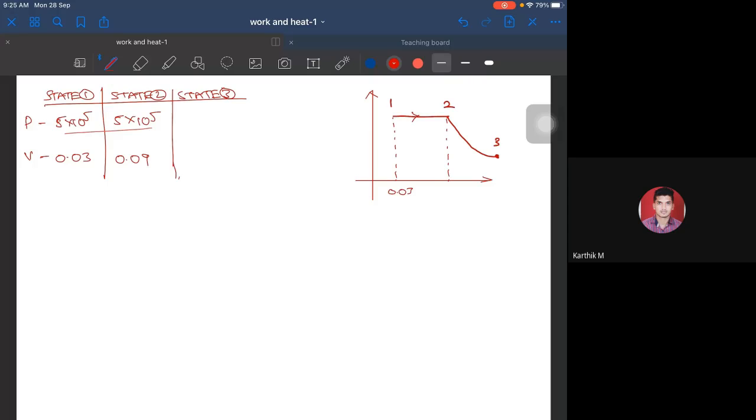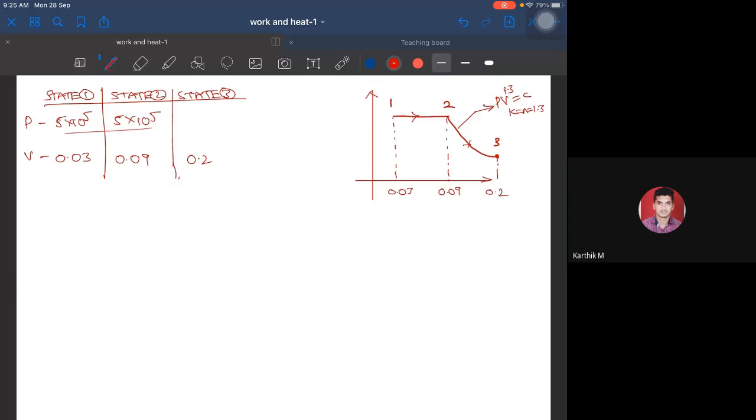How much? 0.2 meter cube. So this is a polytropic expansion, and the index is given: K is equal to 1.3. So I can write K equals n equals 1.3 here. Okay, so 0.2 is given.